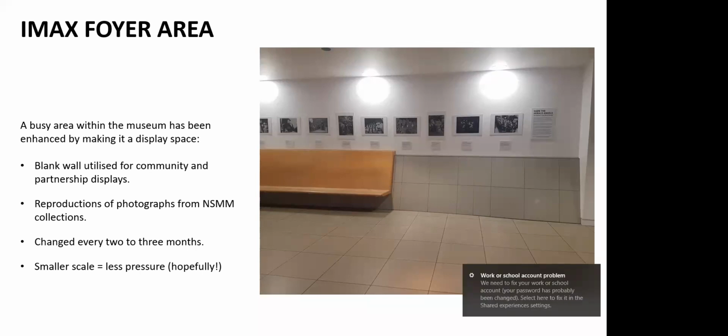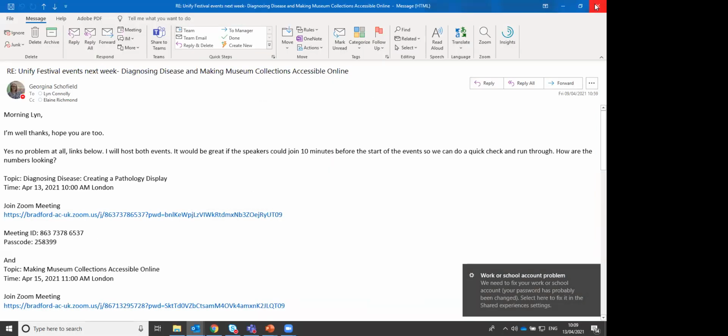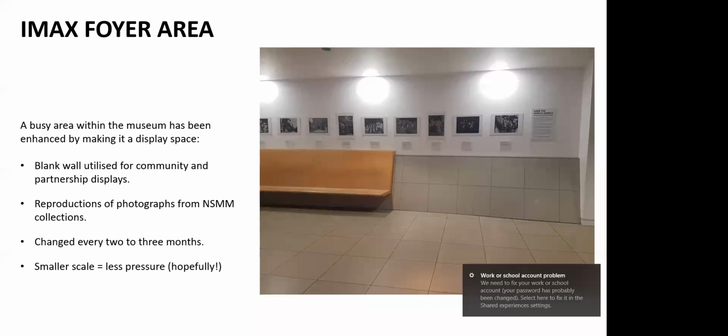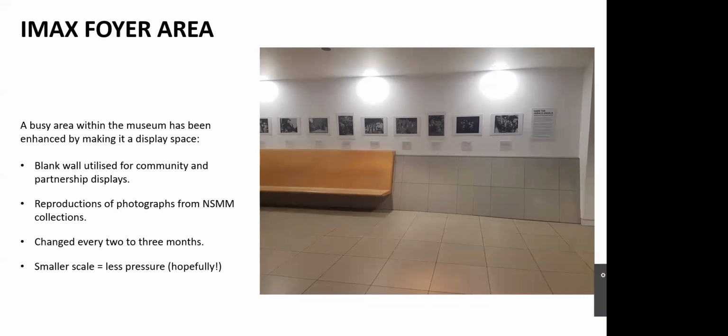What we gradually started to do was introduce displays of photographs or artworks from community groups, local projects that were happening, artists and other stakeholder groups we work in partnership with. This was, and is, an excellent opportunity to work with lots of different people and get a range of experiences and voices into the museum who might not usually be heard.